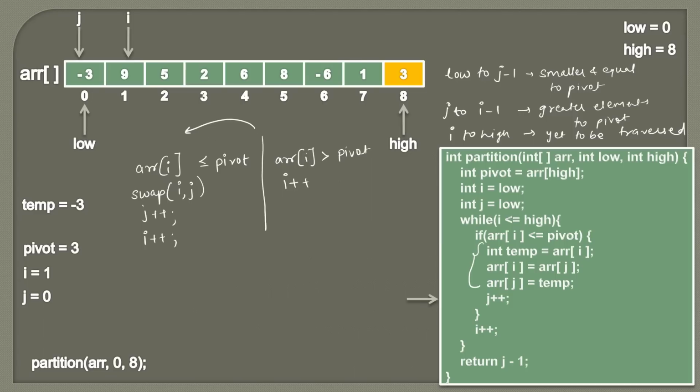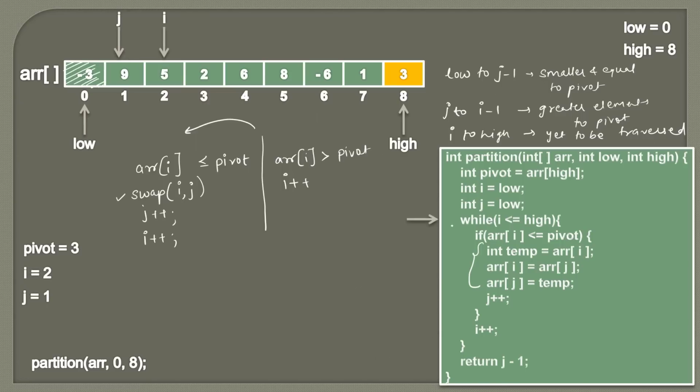We throw it in this direction by swapping it with j, and after we perform this swap, we increment j and i both, because this value is placed at its proper position, as it is lesser than the pivot. So j becomes 1. And as these two elements are already explored, we will increment i as well. i becomes 2.